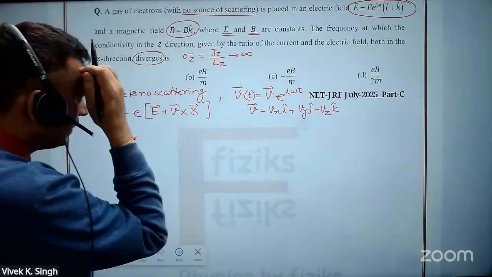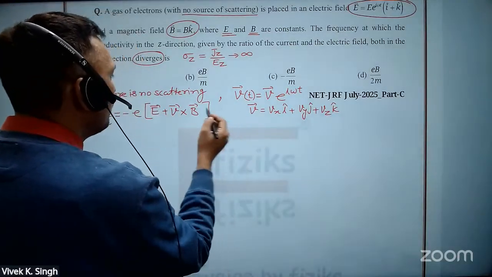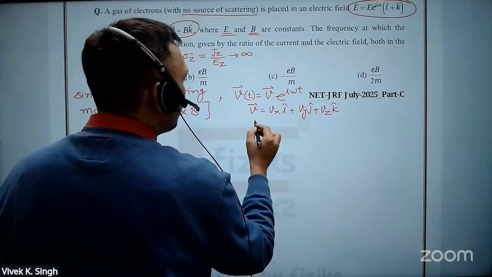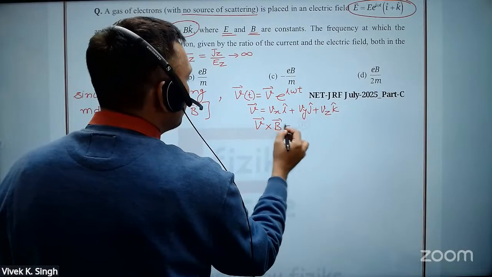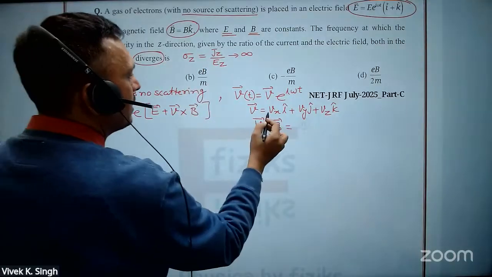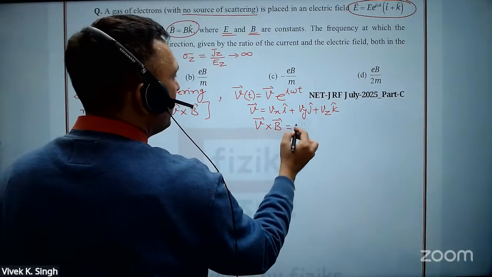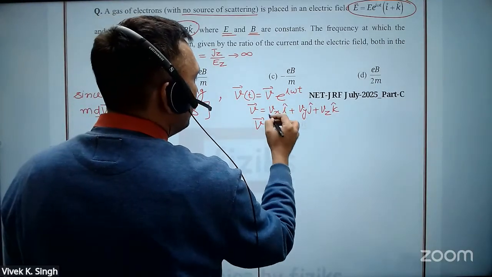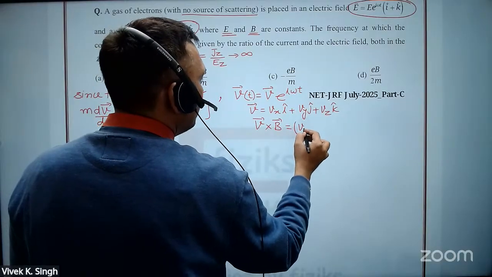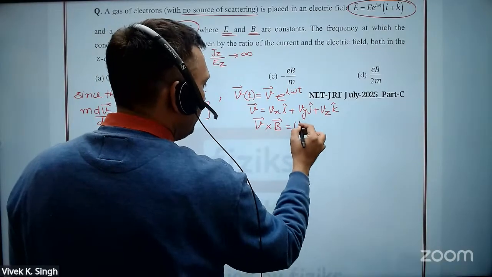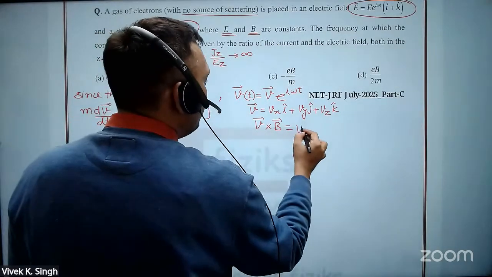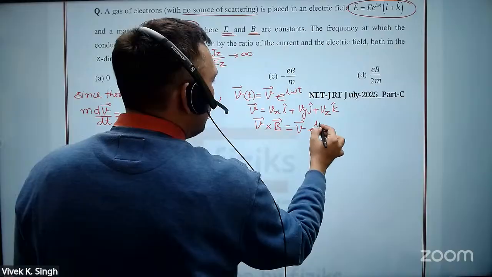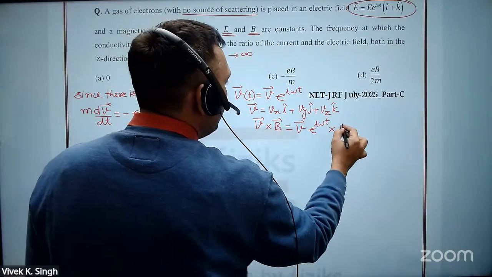Is it clear? So from here, what will be V cross B? Because B is given in the k cap direction, this will be V e power iota omega t cross B k cap.